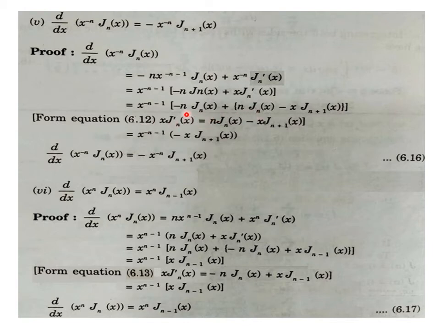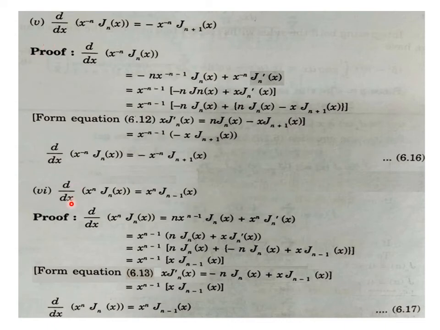Because minus n Jn(x) plus n Jn(x), these two terms cancel each other, and we are left with x power minus n minus 1 with x power 1 and with a negative sign, so it's minus x power minus n Jn plus 1 (x). That is the required right hand side, named as equation 6.16. So 6.16 is the fifth recurrence relation.